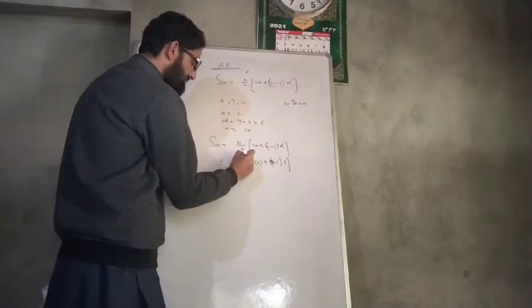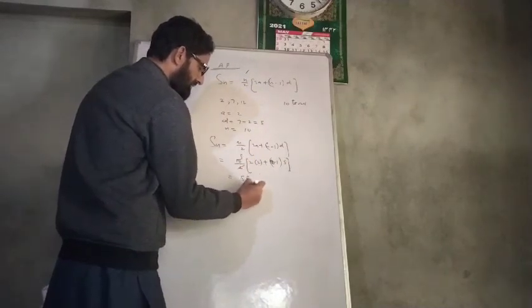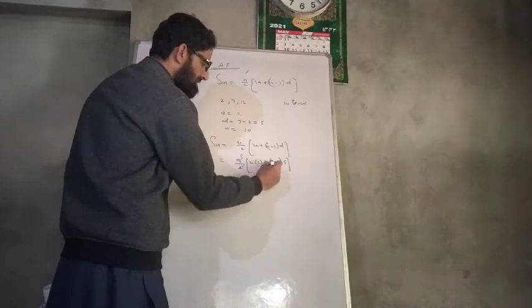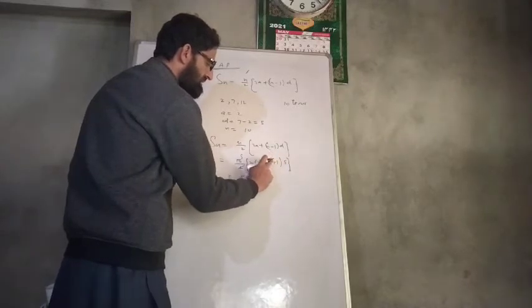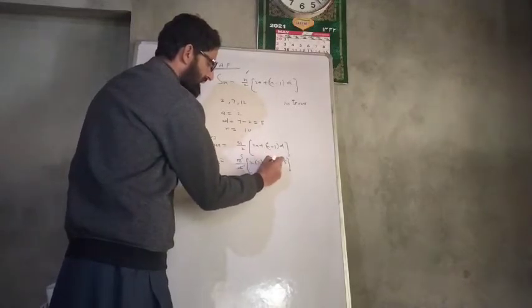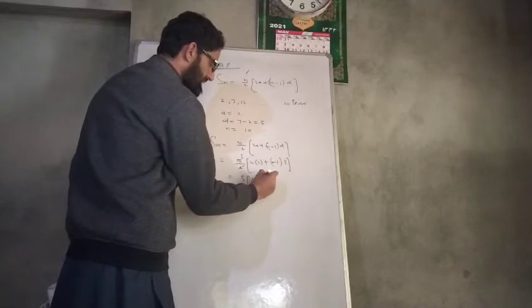This is 5 into 2 2s are 4, plus 10 minus 1 is 9, into 5.